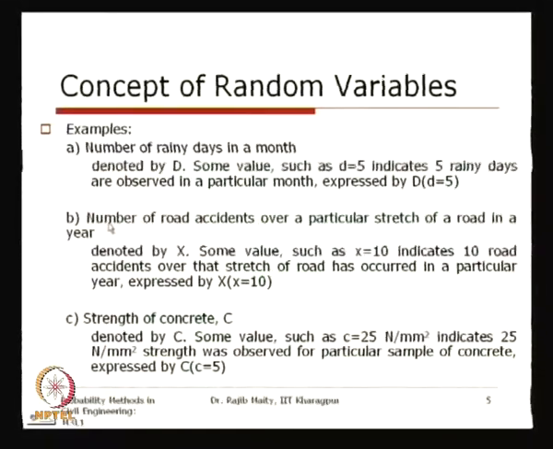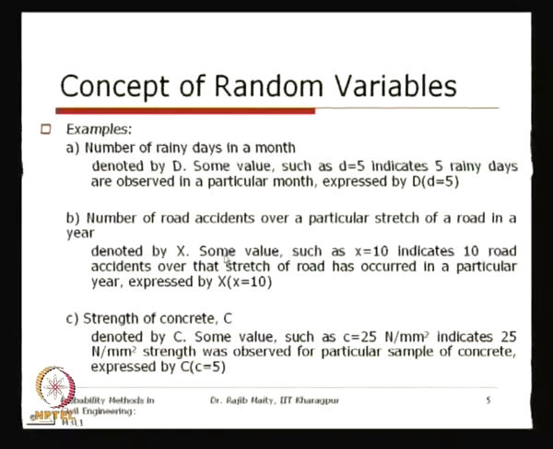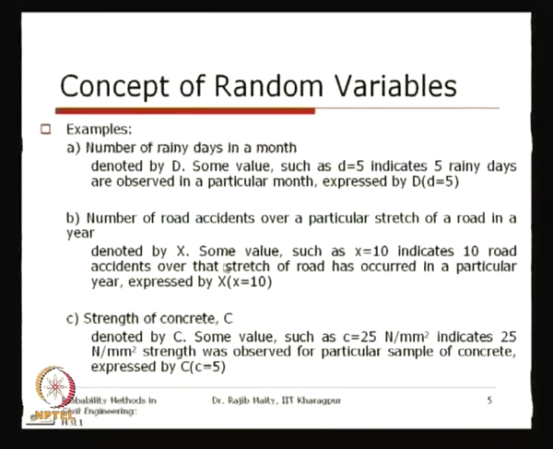Second example, say the number of road accidents over a particular stretch of road in a year. Suppose this is denoted by X, and a specific value such as X equals 10 indicates that 10 road accidents occurred over that stretch of road in a particular year.